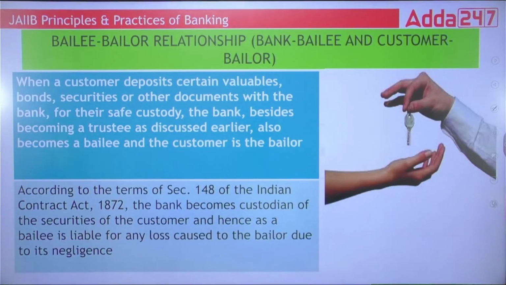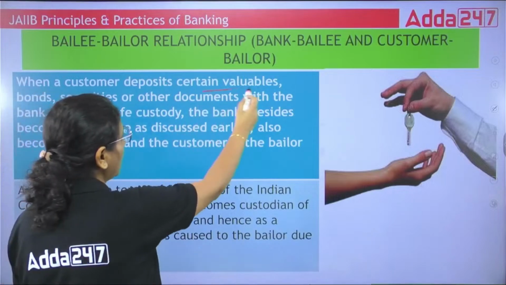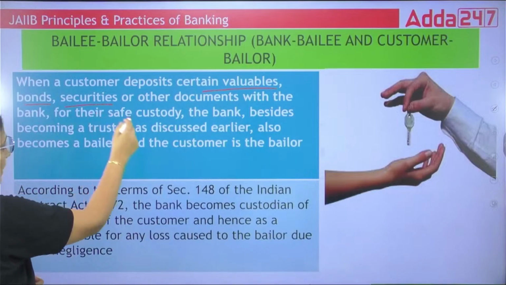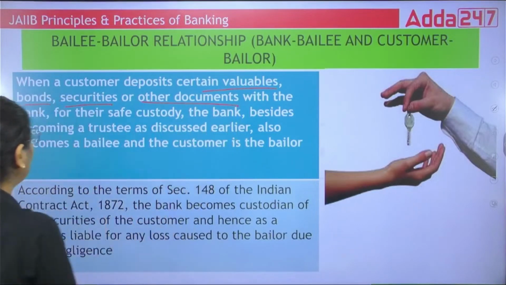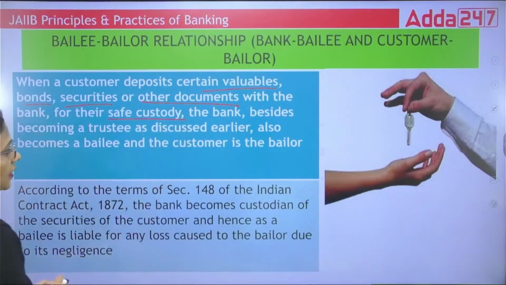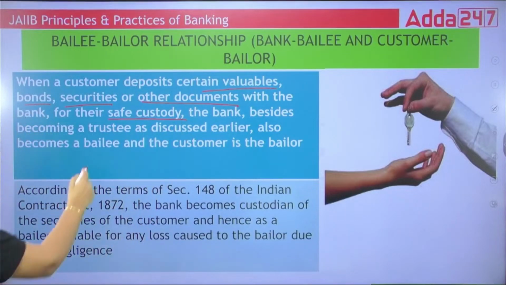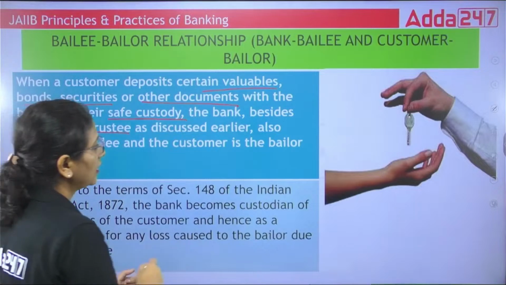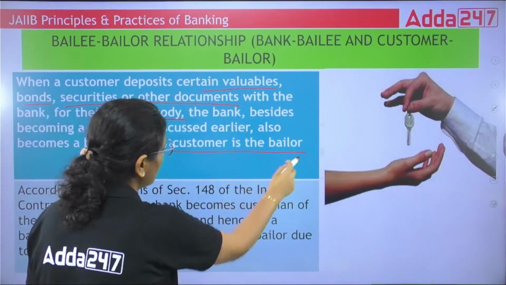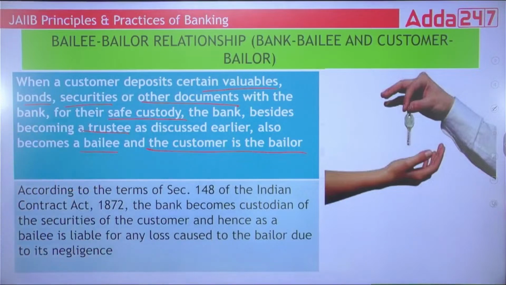So if there are any valuables, bonds, securities and other documents with the bank for safe custody, the bank, besides becoming trustee as discussed earlier, also becomes bailee and the customer is known as the bailor.